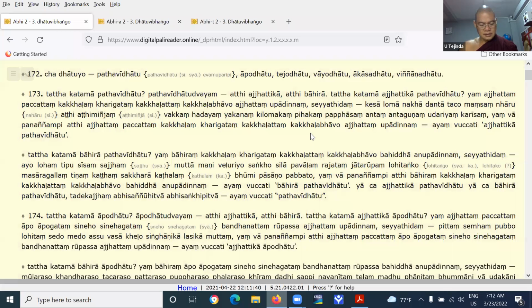This is Ajjhattika Pathavidhatu. So among the 32 parts of the body, we have the hardness, the hard part of the body. We can say the hard part of the body is regarded here as the internal earth element.